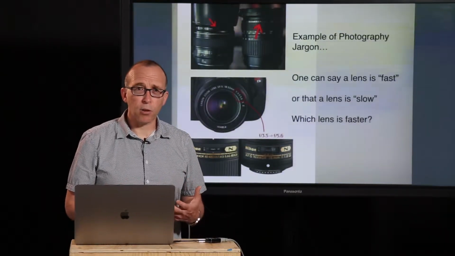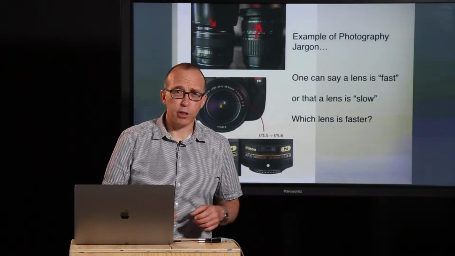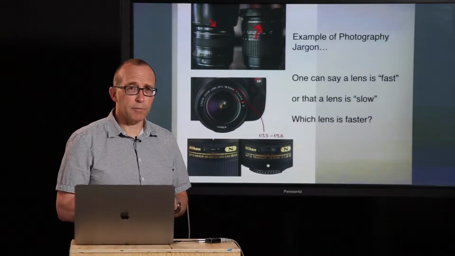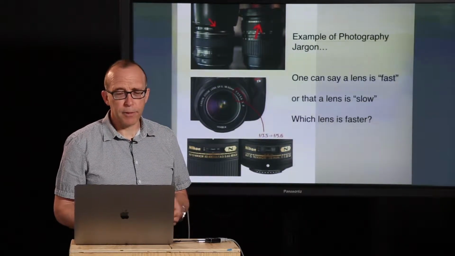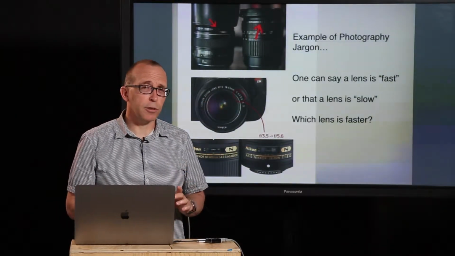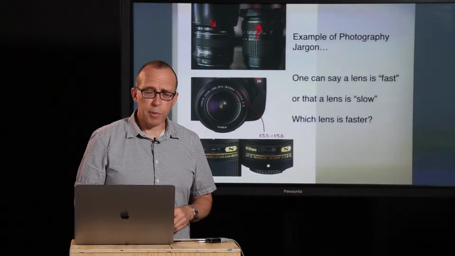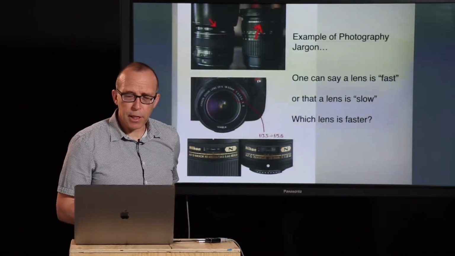When they say it's a slow lens, it means it doesn't open up to a very large aperture. Usually lenses that don't open up to large apertures are kind of cheap and inexpensive. That's why it's stamped on the lens. It's a very important piece of information people like to know about a lens, how big of an aperture it can produce.